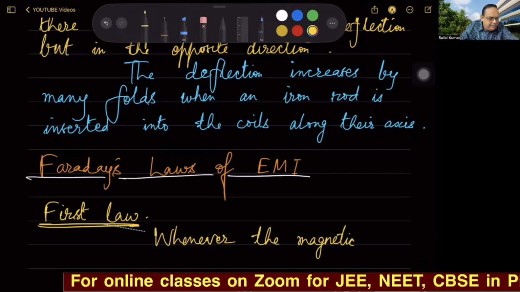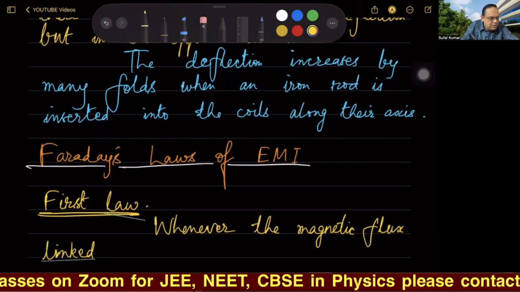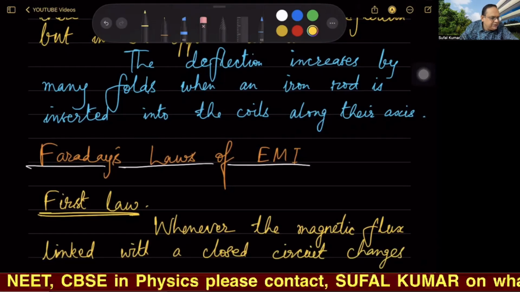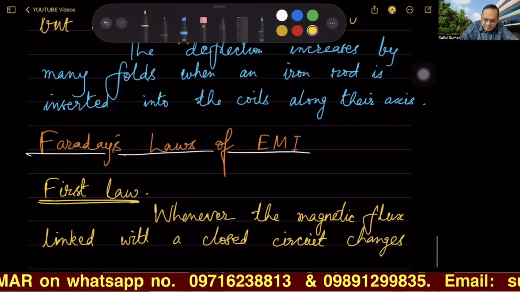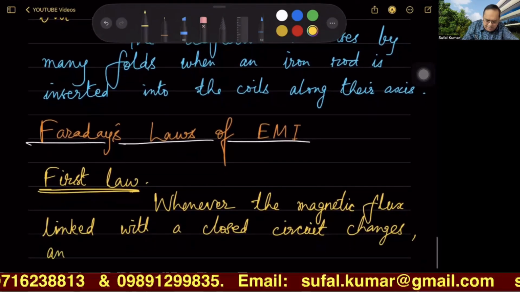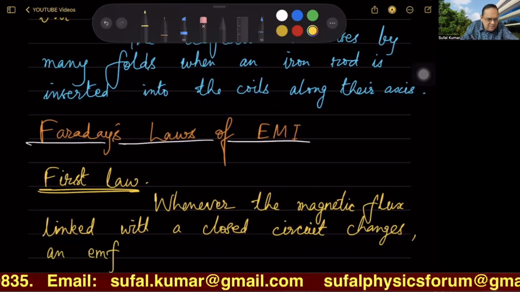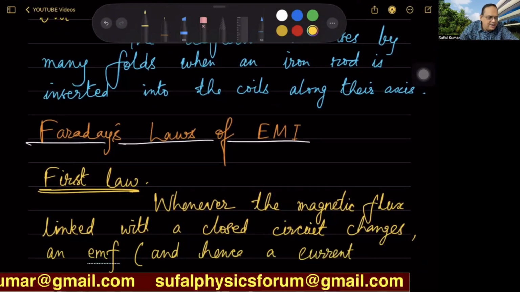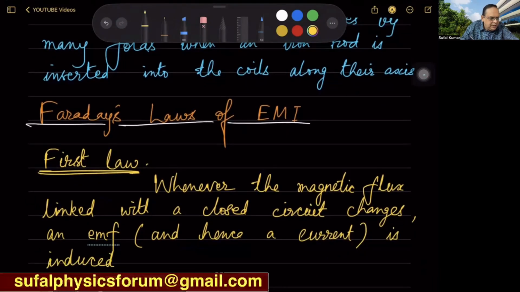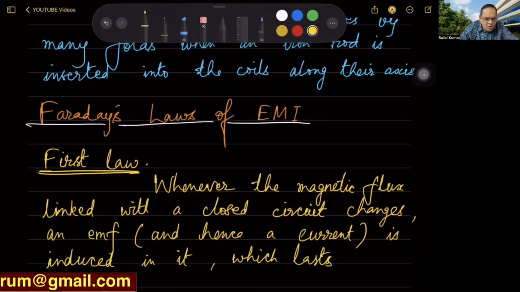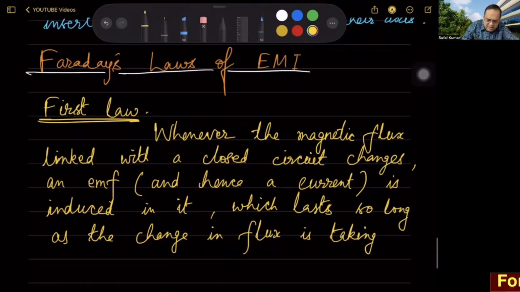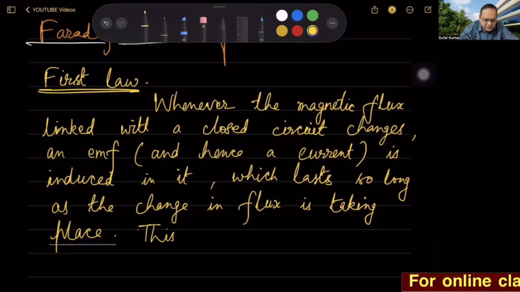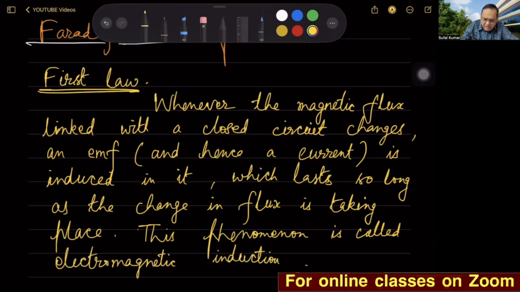Whenever the magnetic flux linked with a closed circuit changes, an EMF, and hence current, is induced in it, which lasts so long as the change in flux is taking place. This phenomenon is called electromagnetic induction.